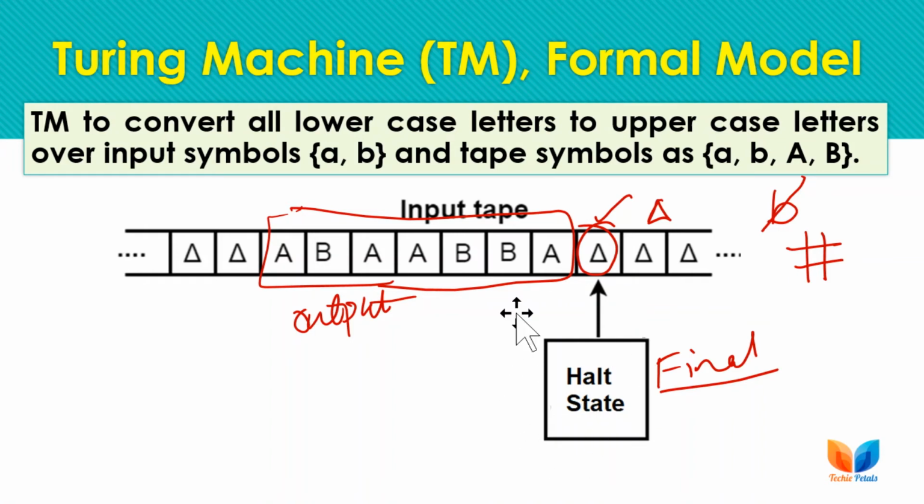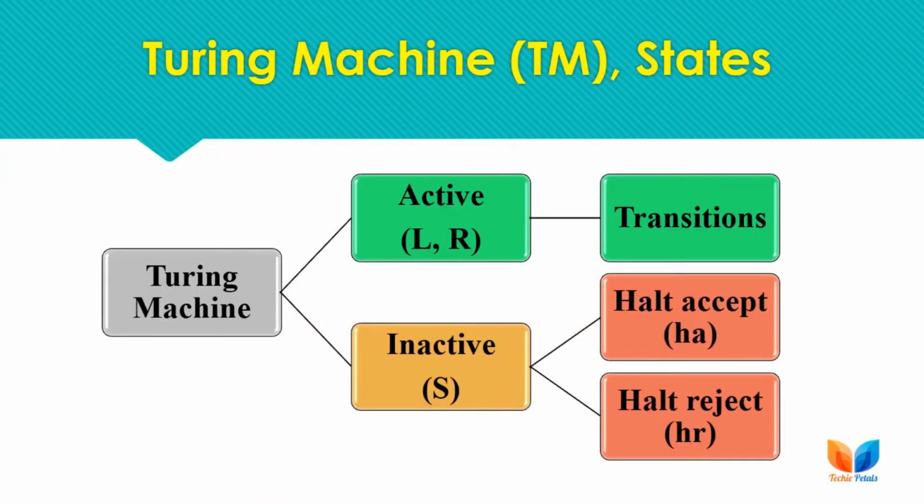The machine will not perform any other computation; it has stopped its working, and now we can read the output and declare acceptance or rejection. This halt state is very much equivalent to the final state of a DFA, NFA or PDA. So the machine can be in two states: the active state and the inactive state.